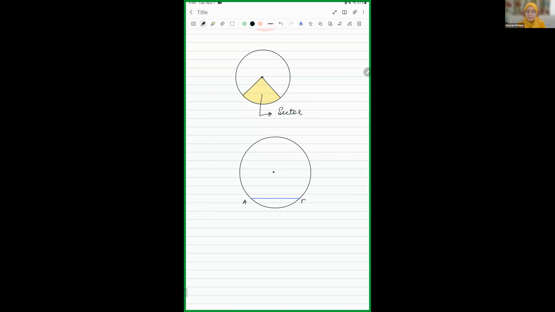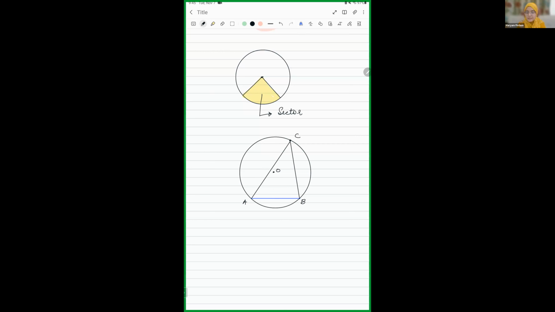And you have any random point, let's say over here, this is point C, and you connect these points AC and BC.